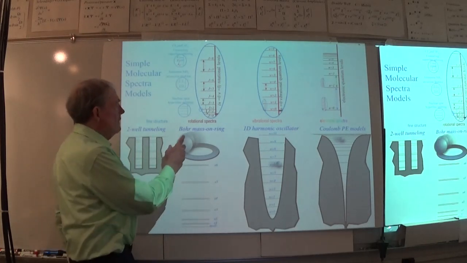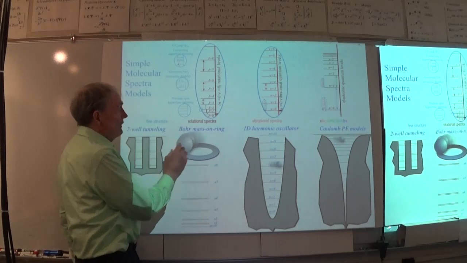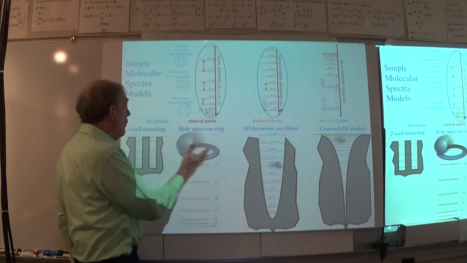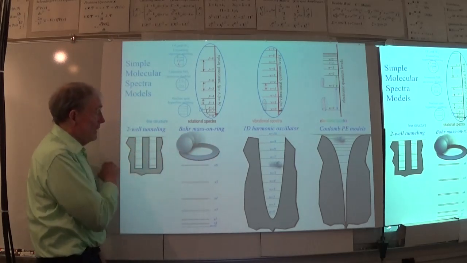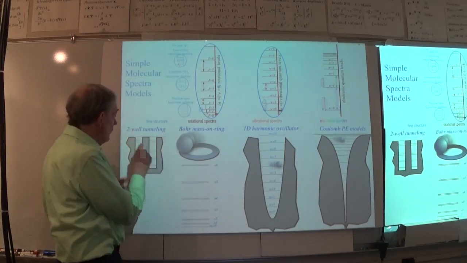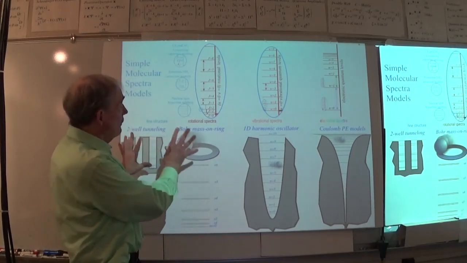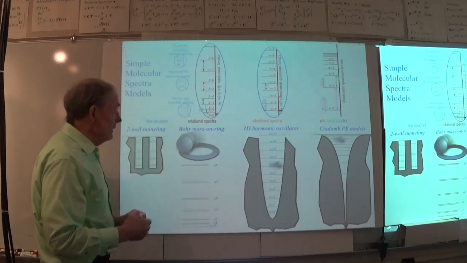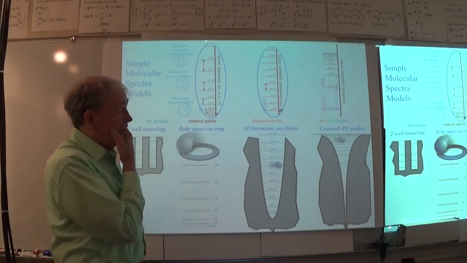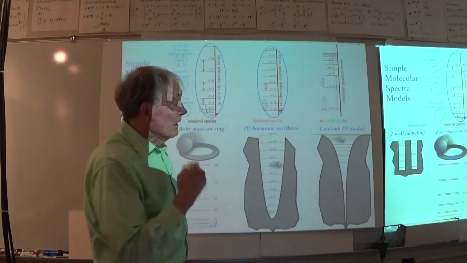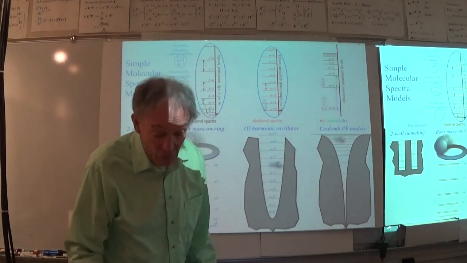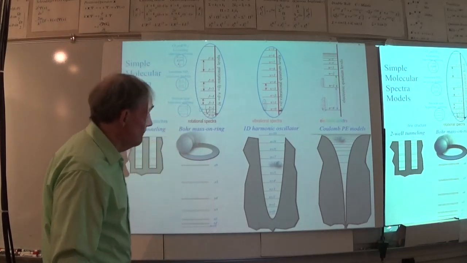So this is just either a Bohr mass on a ring, or the other one that has a quadratic spectrum is just a square well. This is two-well tunneling, which is a whole other subject. I want to deal with both of those dynamics in detail today, just to see what the models do.